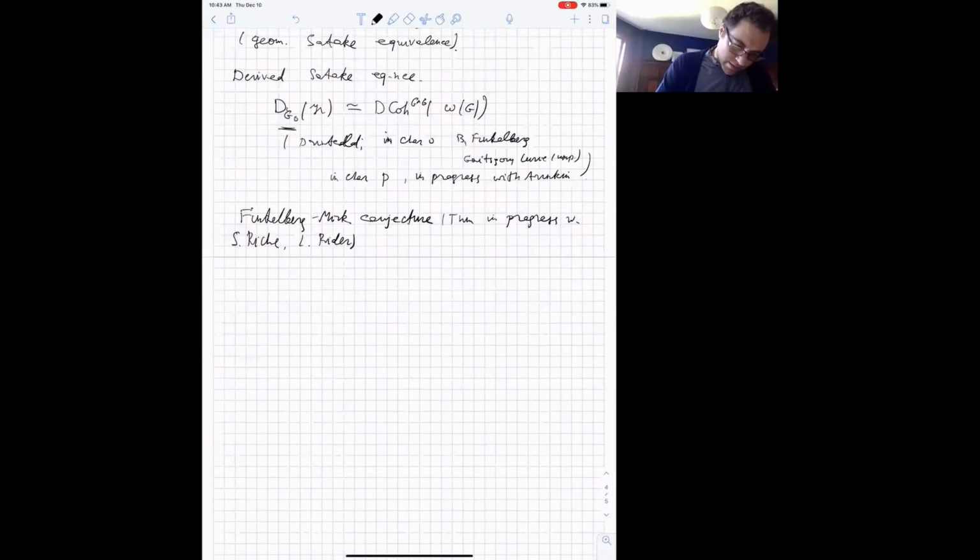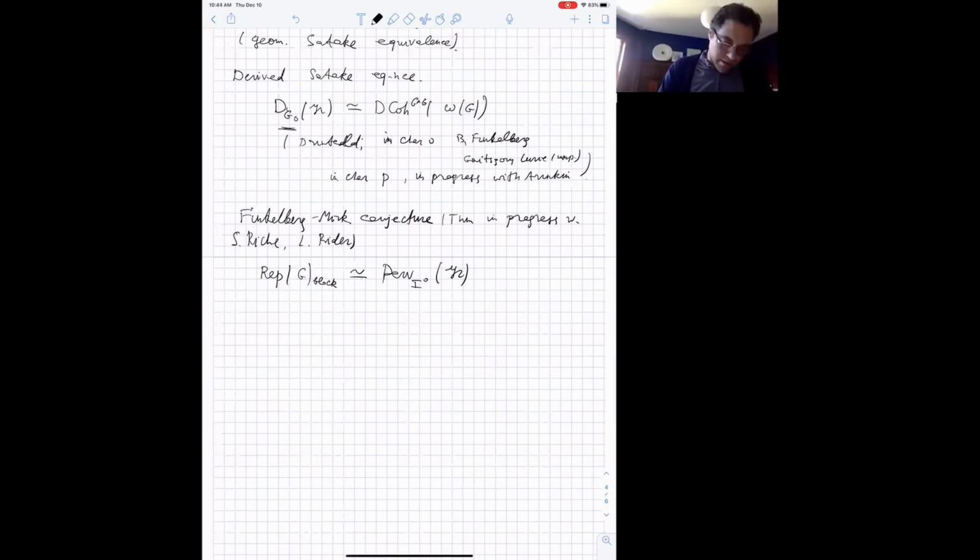It says that the category that we care about, that we talked about before, the representation theory of the G block, is equivalent to perverse sheaves which are I0-equivariant on the Grassmannian.